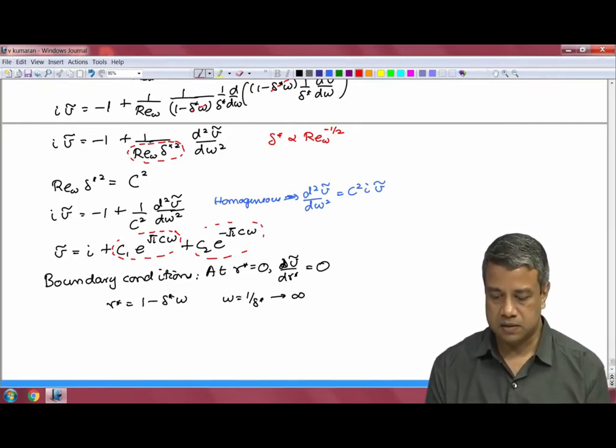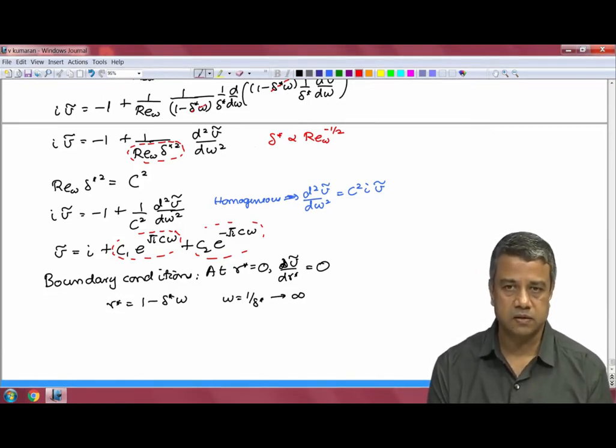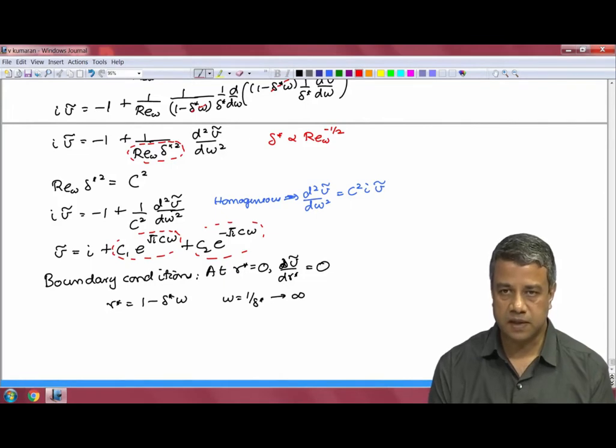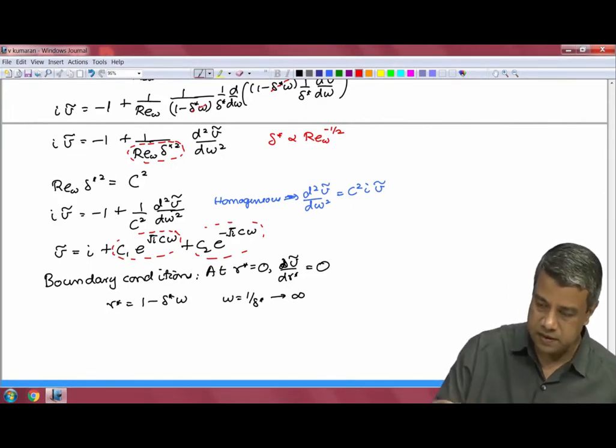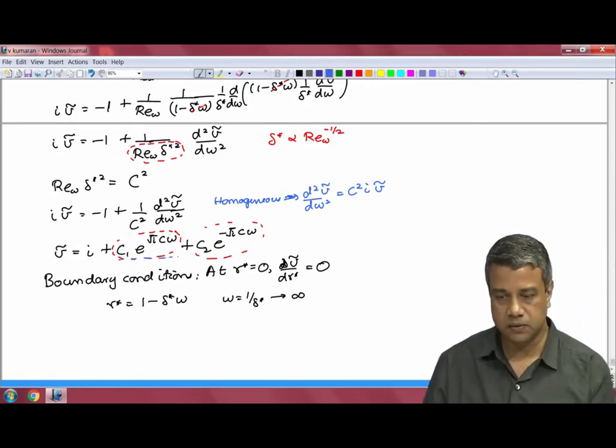So, the condition is that as you go away from this viscous layer close to the wall, where viscosity is important, towards the center, the velocity profile has to be finite. The slope has to go to 0. That fixes the value of the coefficient C1.